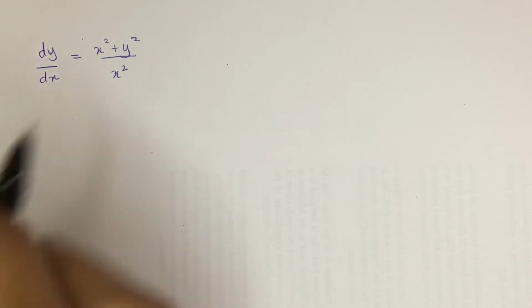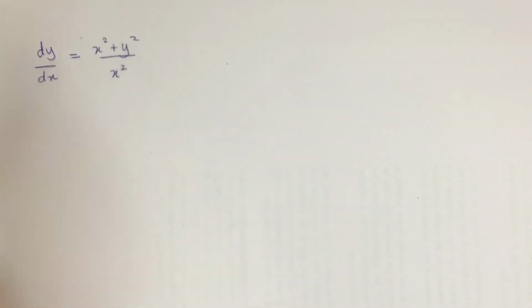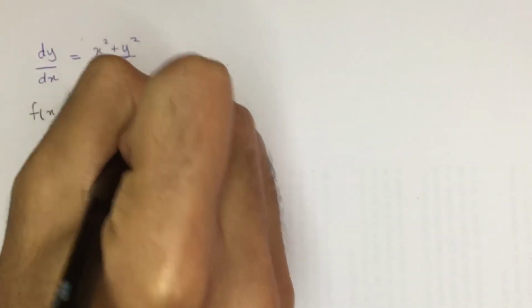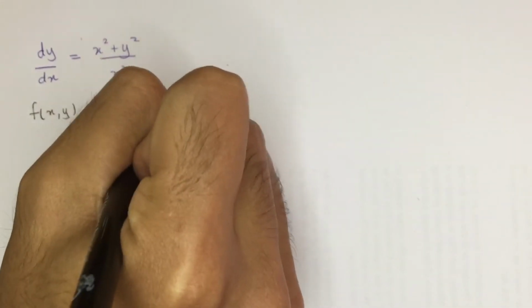Let's say this is a function of x and y. If you multiply x and y by a non-zero element lambda, giving lambda x and lambda y, it's going to be similar to x squared plus y squared divided by x squared.